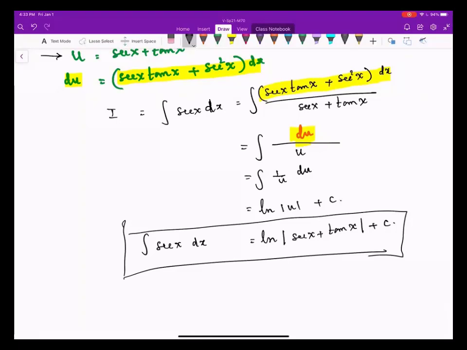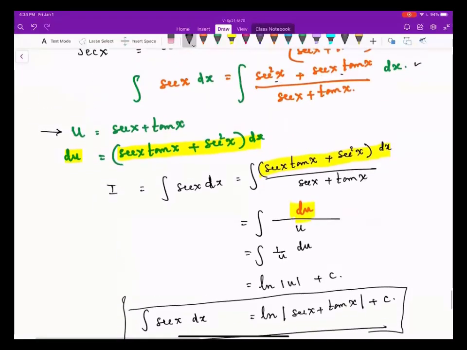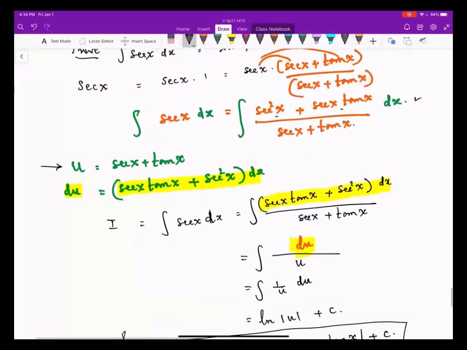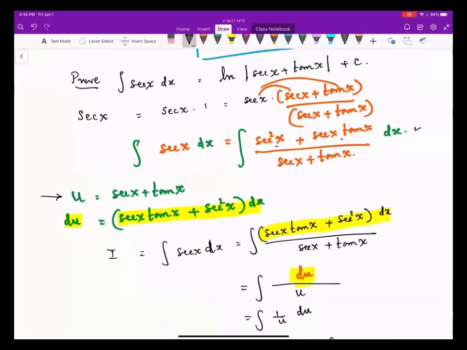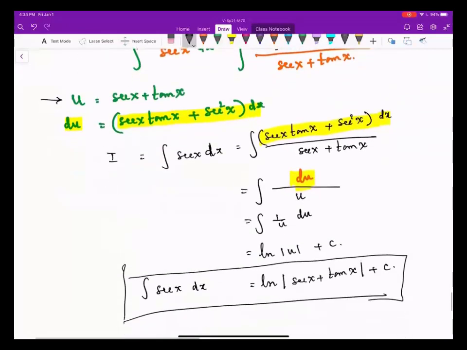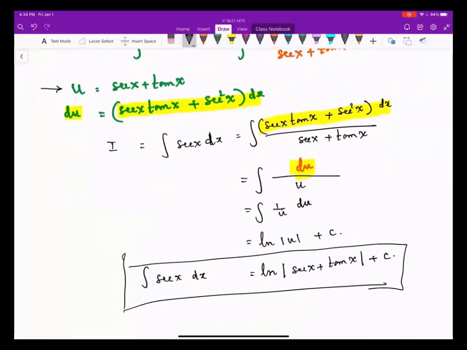Sometimes you rationalize, sometimes you take the common factor. So these are some of the techniques you would use. Here, by looking at what answer we need on the right hand side, we kind of guessed what we need to multiply and divide by, which gave the answer for us.